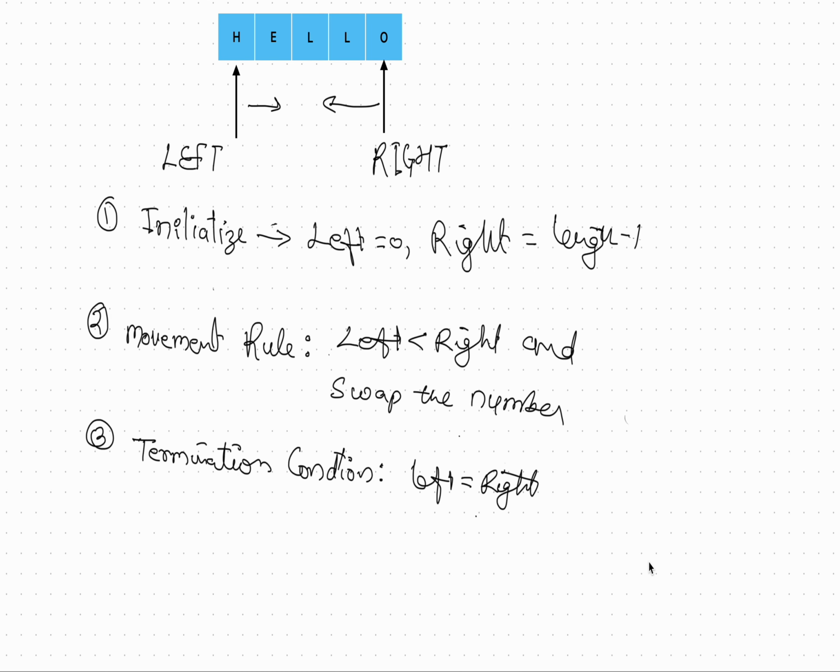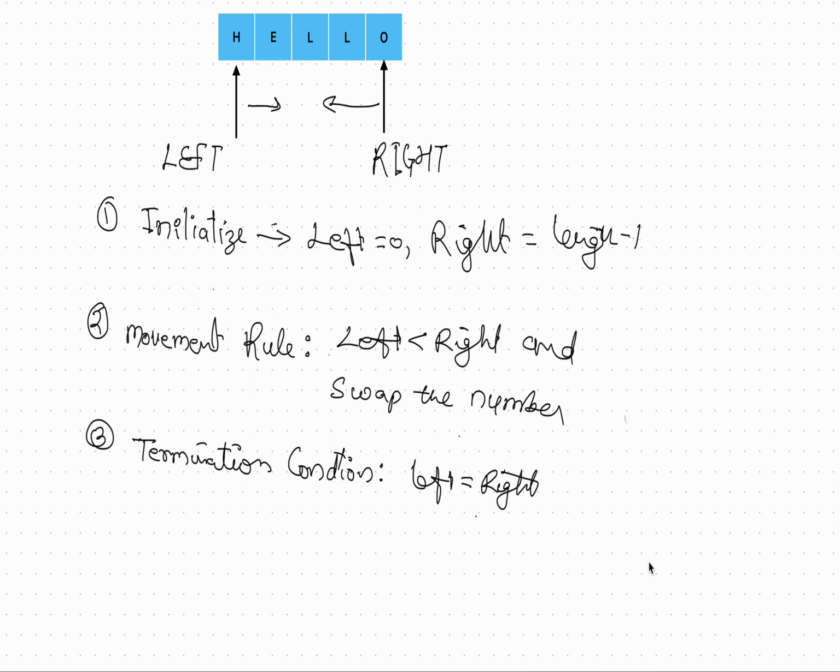So let's see the three basic concepts of the two-pointer approach with the input hello. Number one is initialization. We initialize the left pointer to 0 and the right pointer to length minus 1, which is the end of the array. Second, we identify the movement rule.